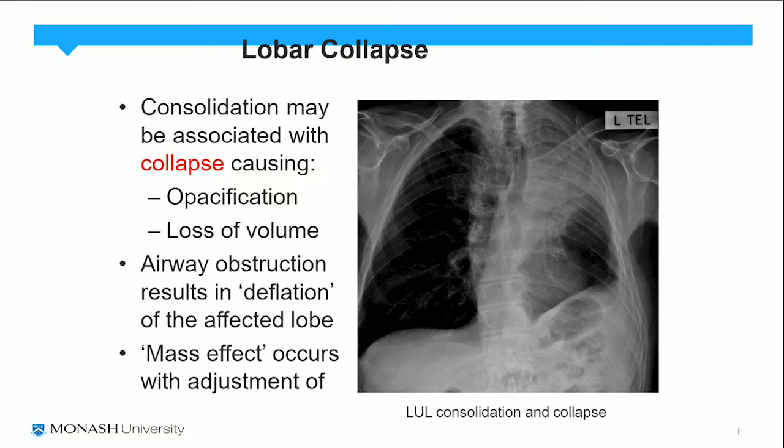So then with lobar collapse, consolidation may be associated with opacification and loss of volume. And airway obstruction results in deflation of the affected lobe. Mass effect can occur with adjustments. So on this image that we have on the chest X-ray, we've got left upper lobe consolidation as well as collapse.